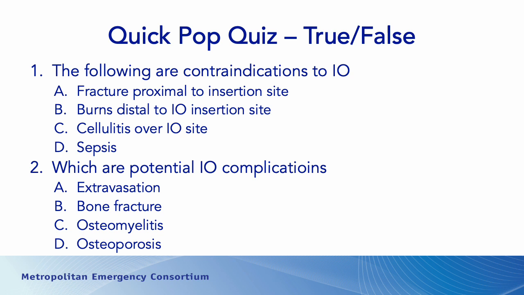The second question, and again, all these should be answered true or false: which are potential IO complications? Extravasation of fluid or medications, fracture of the bone, osteomyelitis or infection of the bone, or osteoporosis, which is thinning of the bone. So think about these questions as we make our way through the slides. One of my last slides is going to be my answer to these questions.